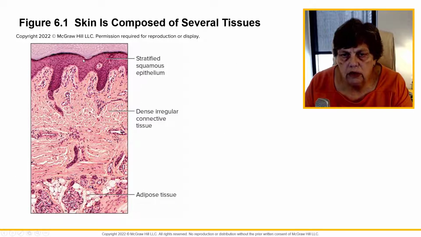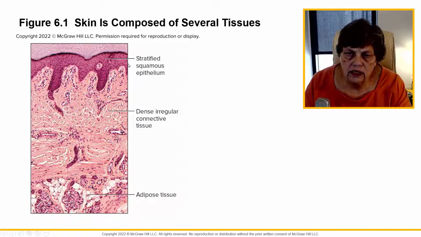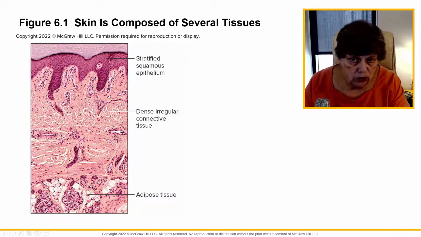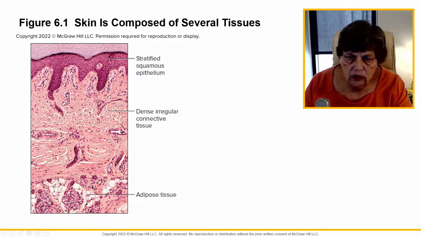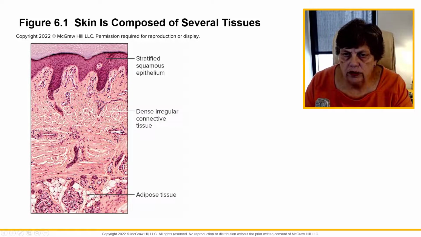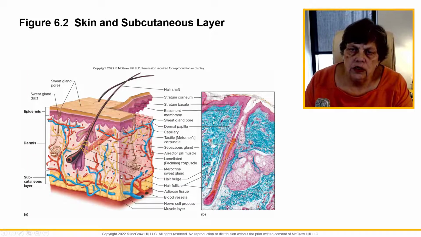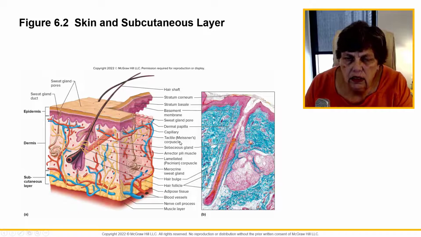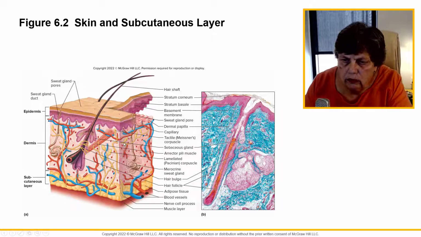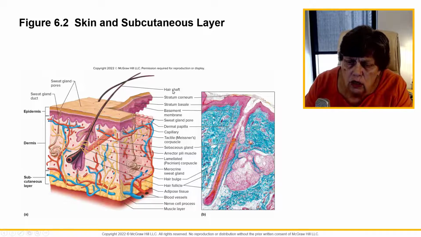So we're looking here at that stratified layer. You can see it, nice smooth surface, and then the basement of that stratified squamous, and then we start to go into this dense irregular connective tissue, and below that, that adipose areolar connective tissue. So this is what the skin looks like in terms of a model. And you can see we're going to go through this.